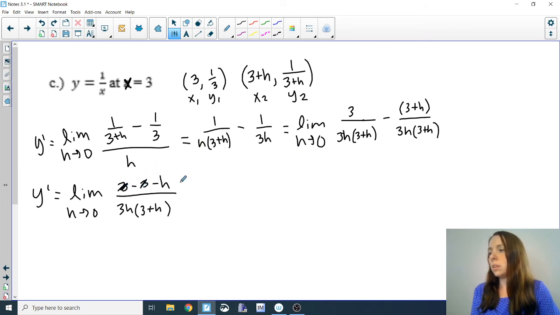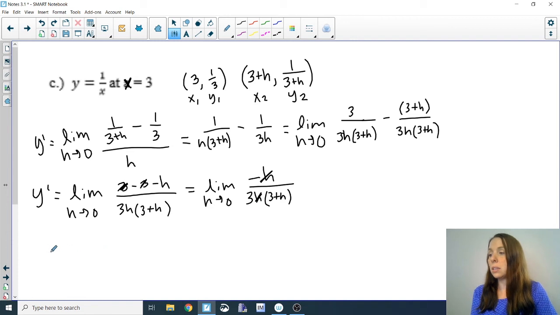3 minus 3 goes to 0. We have negative h in the numerator over 3h times quantity 3 plus h in the denominator. And now we can do a little clutch move like that, which will allow us to sub zero in the next step.